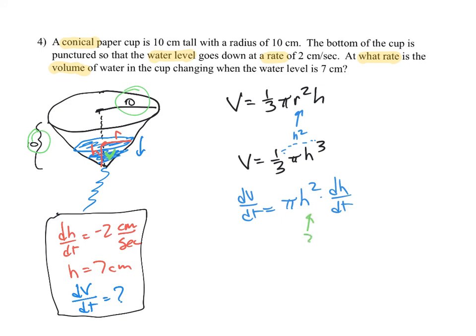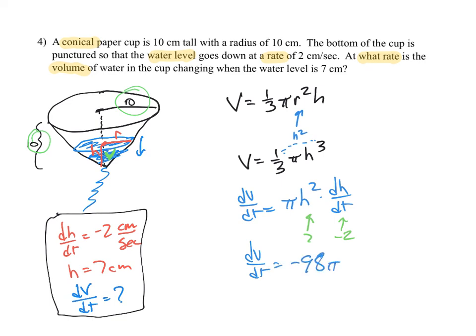So we're going to evaluate h at 7 and dH/dt at -2. And we end up with 49 times -2. That's going to be -98 times pi. So dV/dt is -98 pi.